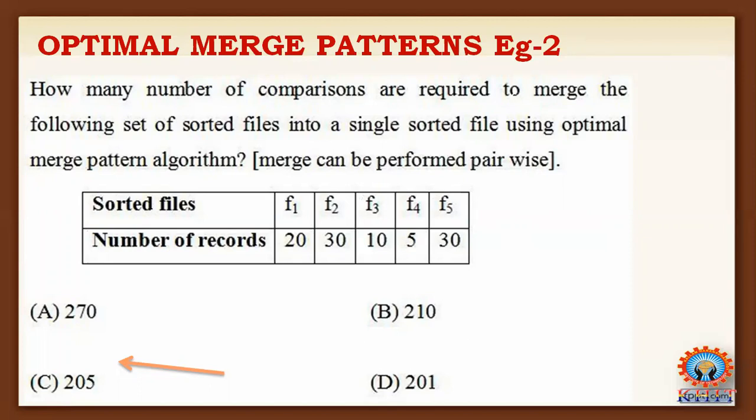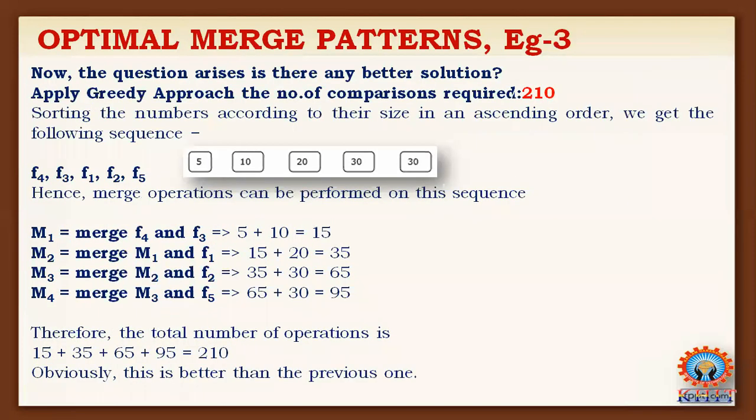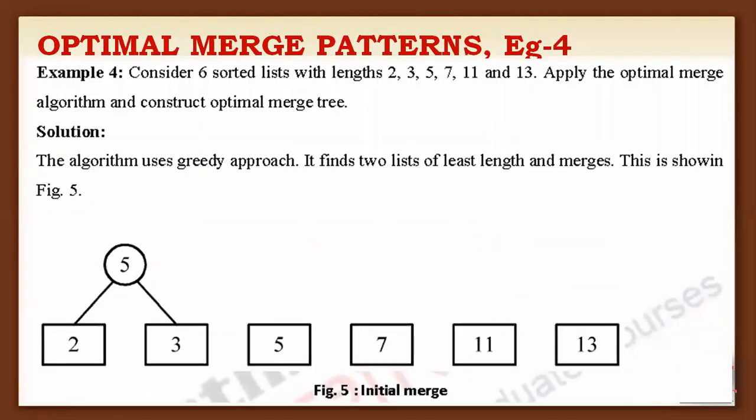Okay. Now, friends, we will see one more example of how to solve the same problem by using the optimal merge pattern technique. The given problem is, let us consider there are 6 files.